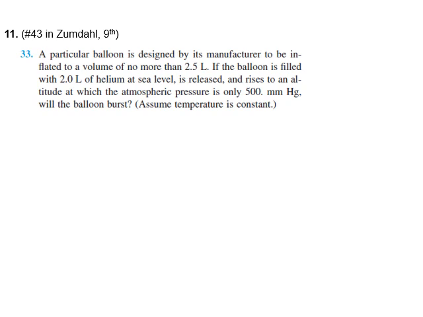So is this before and after, or is it stationary? The answer is it's before and after, clearly. The initial volume would be 2 liters, and the final volume is what we're trying to figure out. And the initial pressure is what? It doesn't say directly, but if it's at sea level, it's going to be 1 atmosphere.